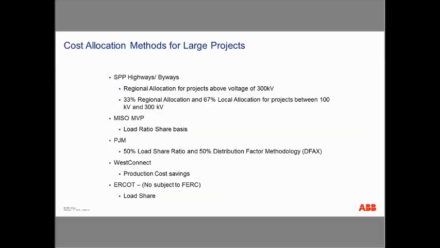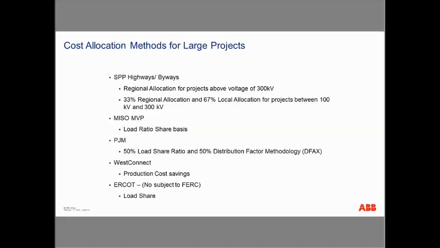Here is just a quick list of how a couple of regions allocate the cost of large projects. For SPP, they have their classic highways and byways system, where there's regional allocation for projects above 300 kV. For projects between 300 and 100 kV, it's 33% regional allocation and 67% load allocation.